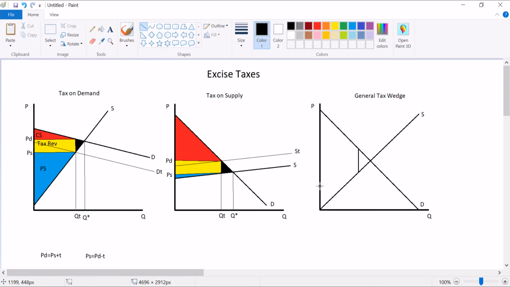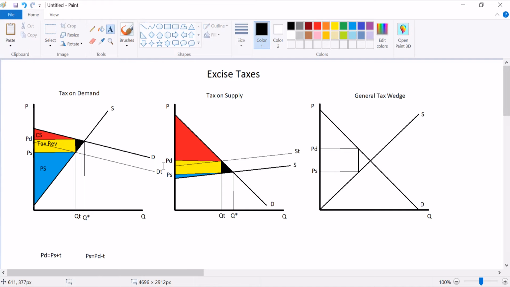Now, this wedge could be through taxing suppliers and looking like that, or the wedge could be through taxing the demanders and making it look like this. It doesn't matter which way you draw it. That wedge is what the tax does to the market. It splits the price that demanders pay and sellers receive.